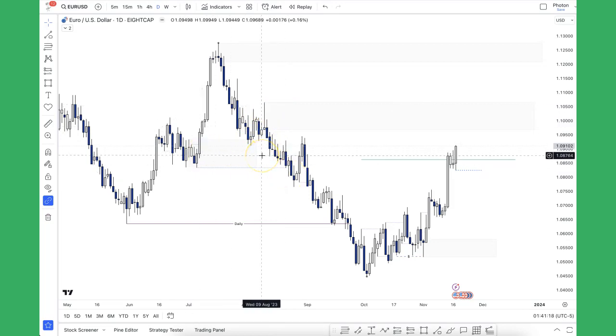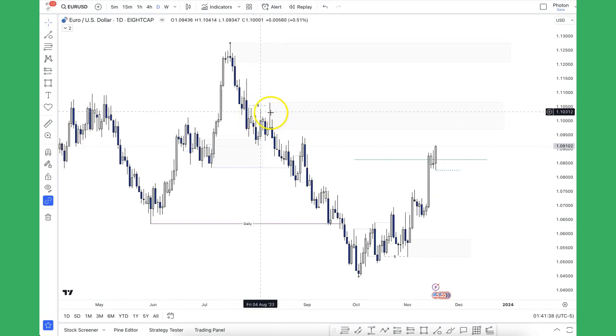So this is a flip zone for sure. Did it sweep liquidity? Yes, these are relative equal lows, equal highs that have been swept. So it's led to a sweep of all these relative equal highs, and then we've continued further down.